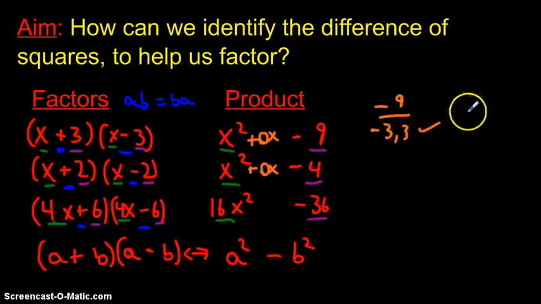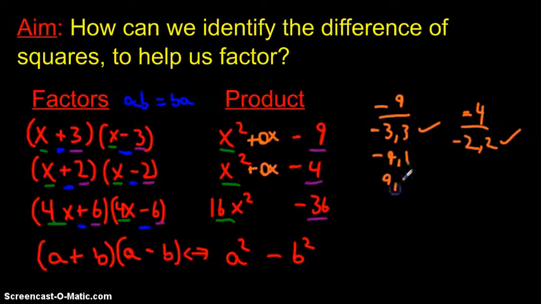The factors of negative 4 are negative 2 and positive 2. They add up to 0. There are other factors of negative 9. There's negative 9 and 1, and there's 9 and negative 1, and neither of those add up to 0. So the difference of squares will be the square root because they have to cancel out or add up to 0. So they have to be the same, but with opposite signs. Same thing here. This also has 4 and negative 1, which does not add up to 0, and negative 4 and positive 1, which also doesn't add up to 0.